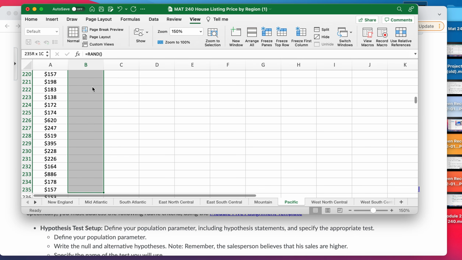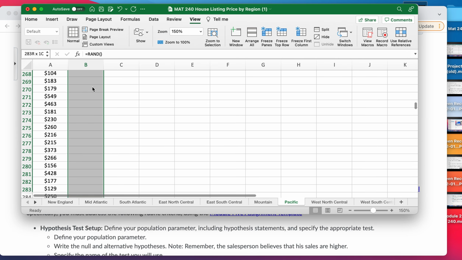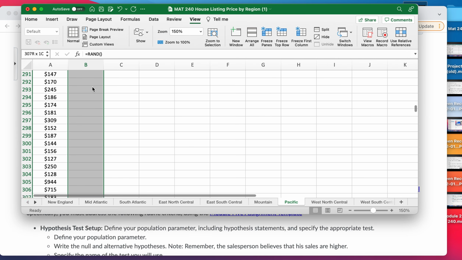Okay, now I know that this is a lot, so you may want to use your mouse. You can also use the page down button. We want to use our random number. We want it to go all the way down to the very last line. Okay, remember we want this dollars per square feet.